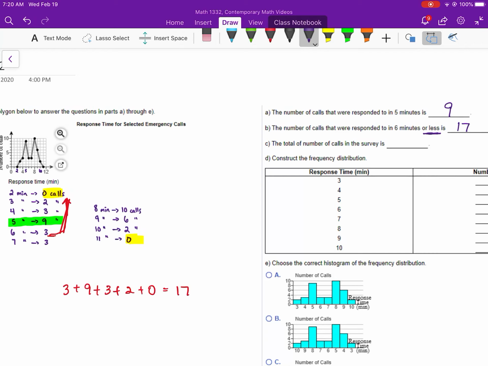So that is going to be 17 calls. Now the total number of calls in the survey. Now we have to add up all of the calls. We already know 6 minutes or less is 17, so we can start off with that and add the rest: 3, 10, 6, 2, and 0. 17 plus 3 is 20, 20 plus 10 is 30, 30 plus 6 is 36, 36 plus 2 is 38.